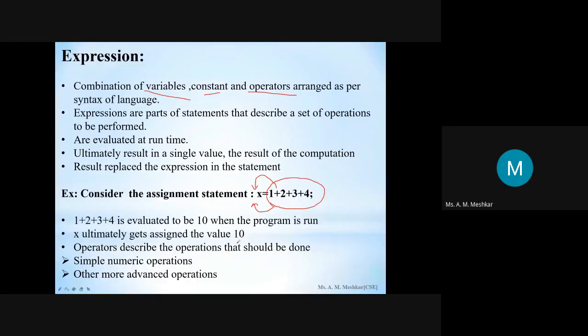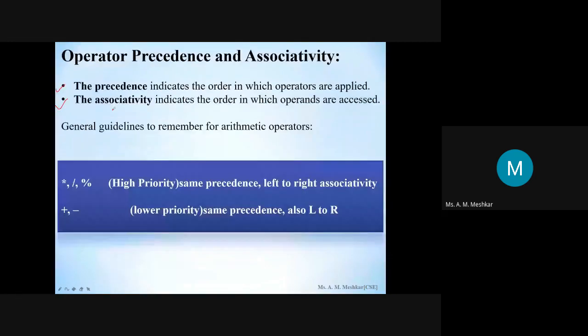The things you have to focus on are precedence and associativity. You can write down the meaning of these two. Precedence stands for the order in which the operators are applied. That means if there is more than one operator, which one you have to evaluate first. And associativity is the order in which operands are accessed, meaning left to right or right to left. For example, with the division operator, 5 divided by 3: is it 5 divided by 3 or 3 divided by 5?